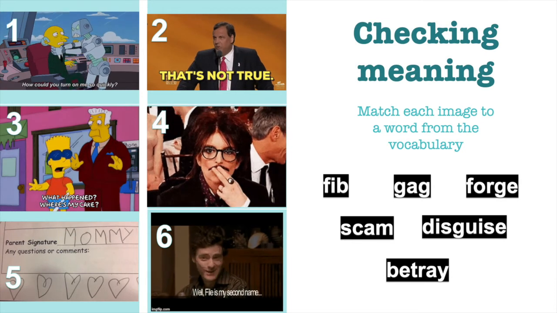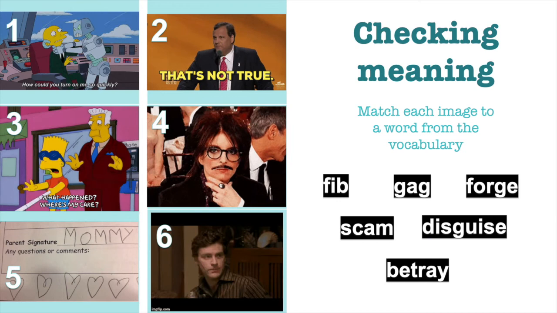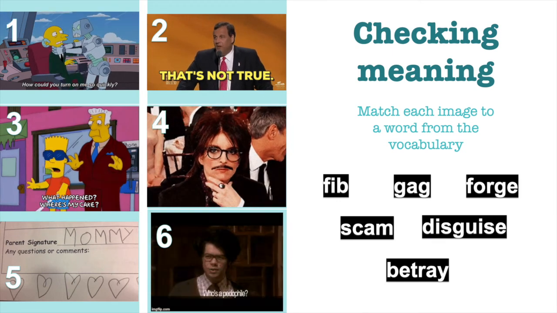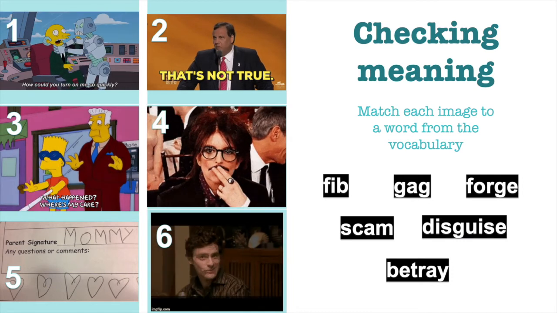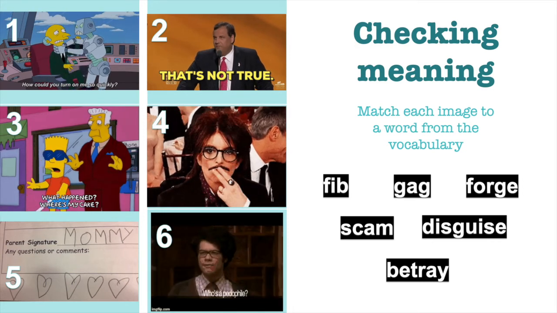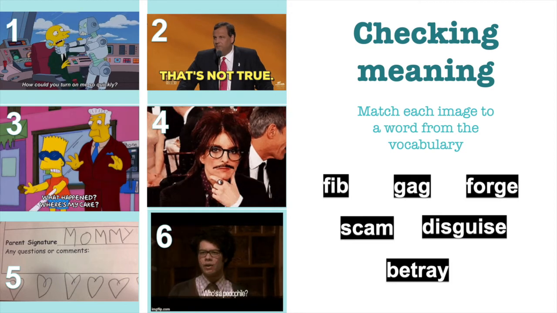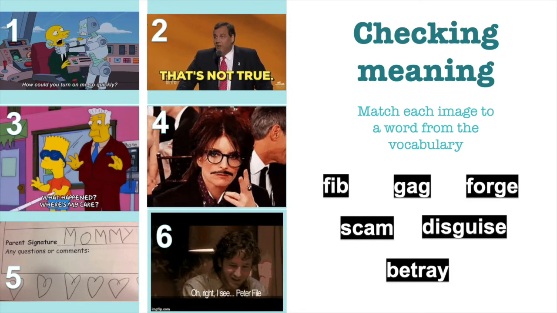Let's see if you could get the general idea or the meanings of these words, because then they will appear on the page in the activities that you will do. So let's check meaning. Match each image to a word from their vocabulary. So we're going to do this together. Fib. Which of these images, 1, 2, 3, 4, 5, or 6, do you think represents fib?